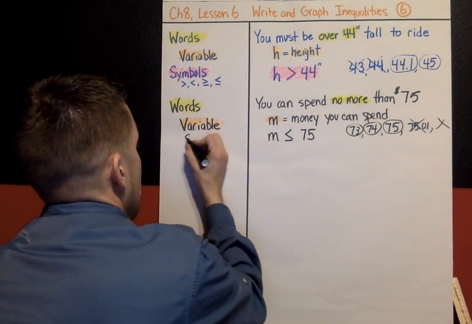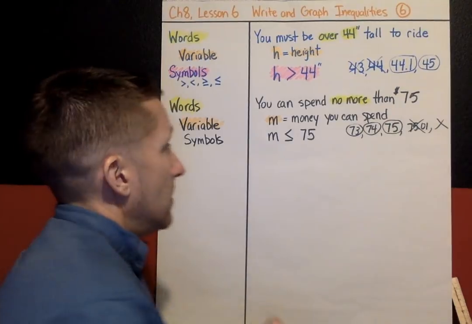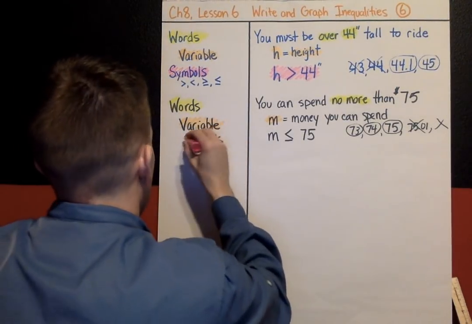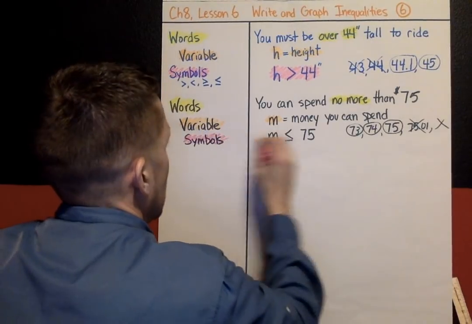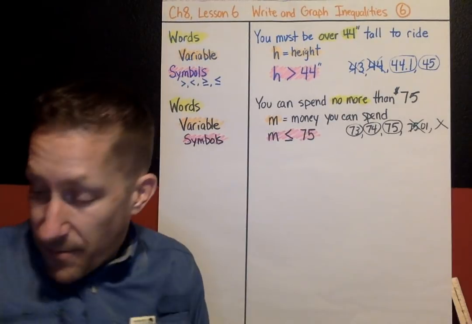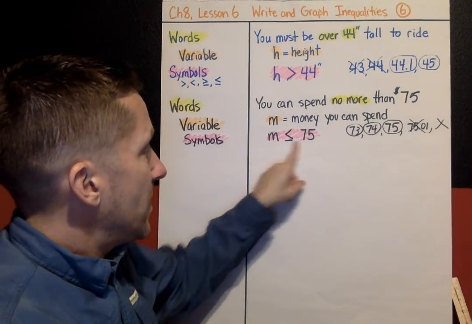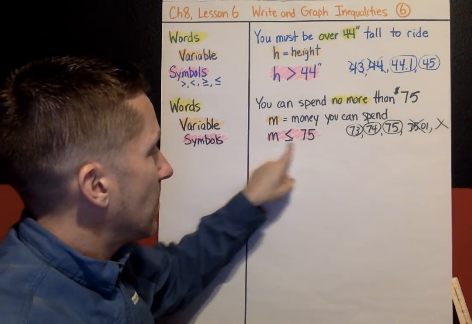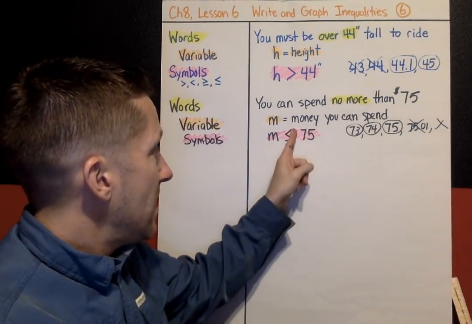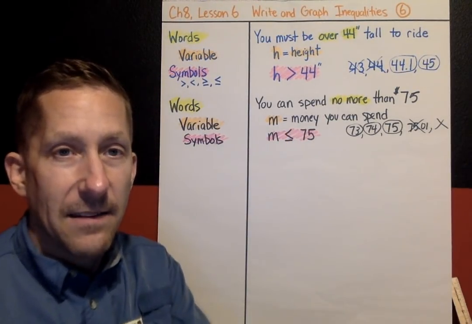So now we've got our inequality. If you had 75 bucks and you're going to the store, somebody could show you this symbol right here. Well, here's how much you can spend at the store. The money you can spend has to be less than or equal to 75 because that's all you've got.